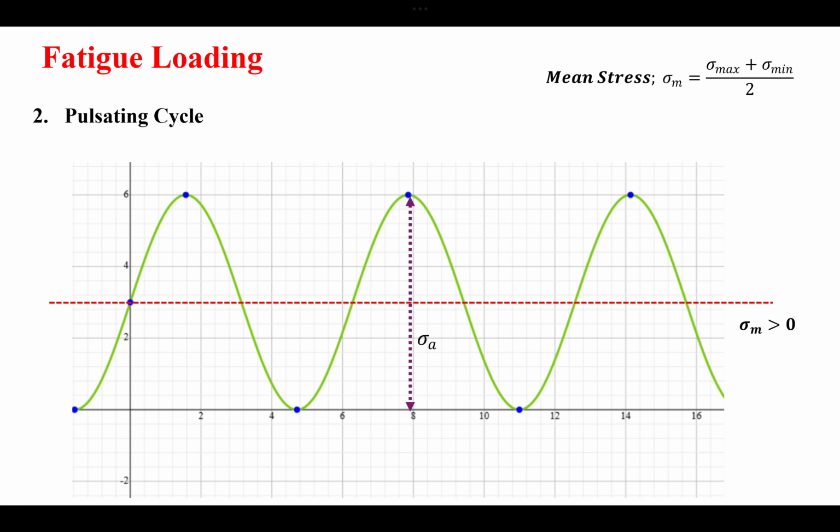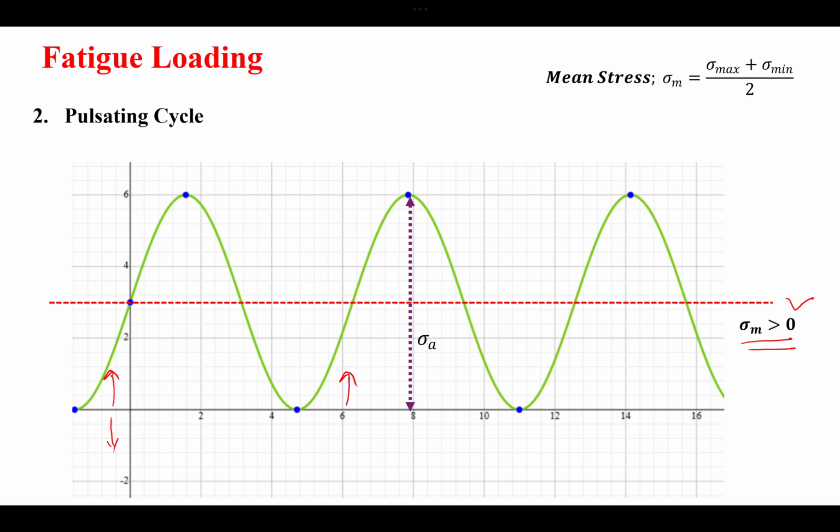Then there is the case where you have a fluctuating cycle. In this case, sigma mean will either be greater than 0 or less than 0, depending on which side of the axis the cycle is on. For example, in this case it is on the positive side, so sigma mean is greater than 0. But it is possible that the signal is on the negative side, so it will be less than 0.